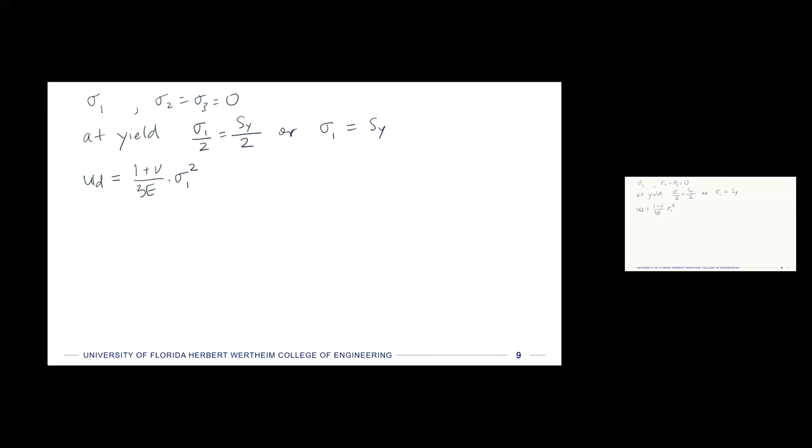And if so, then at yield, we'll put in this equation here. And so here's what we have. We have UD is equal to (1 plus nu) divided by 3E times the yield stress squared. Sorry, I'm using different terminology for yield stress. I'm going to stick with sigma for now.